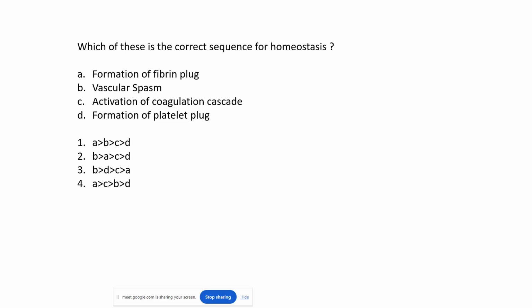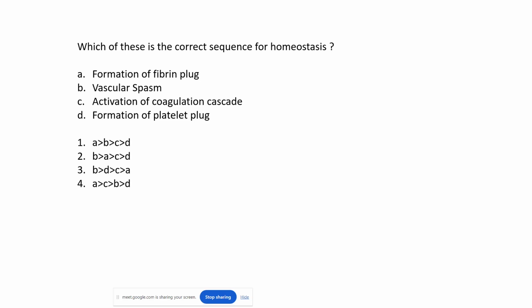But what will be the correct sequence? Fourth option. Fourth option, formation of fibrin plug, then activation of coagulation cascade.